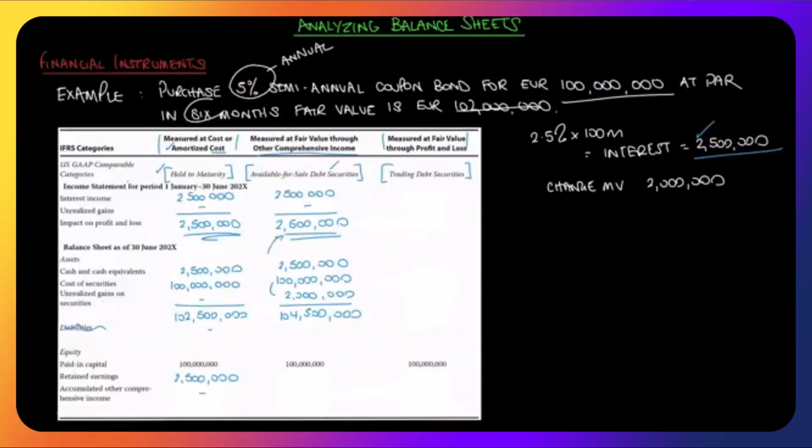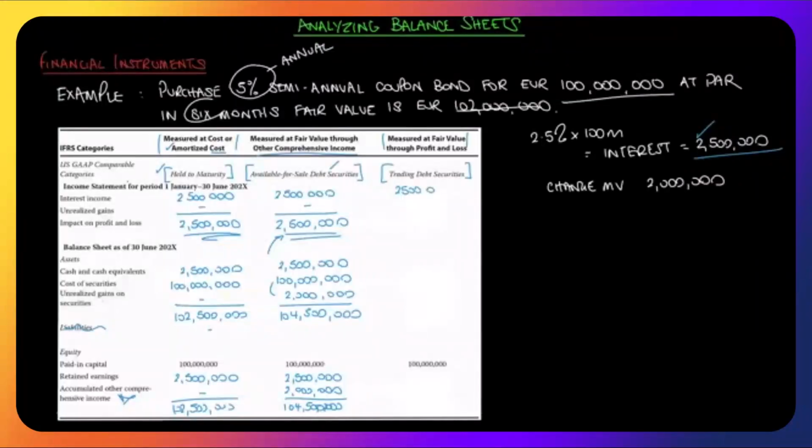We only put the interest into the income statement, so 2.5 million, but we did put the extra 2 million into OCI. So 100 million and 2.5 and 2, so 104,500. So here, just a 102,500.